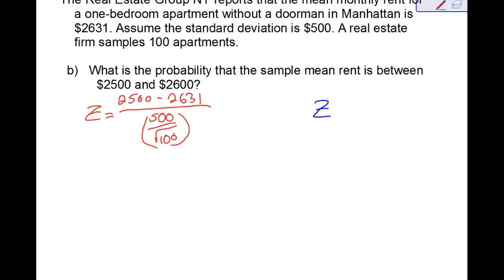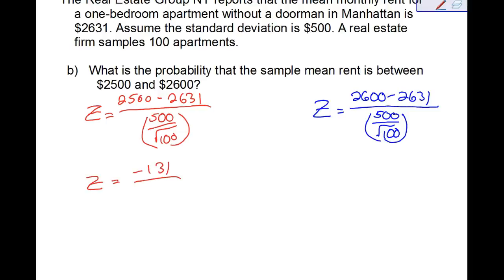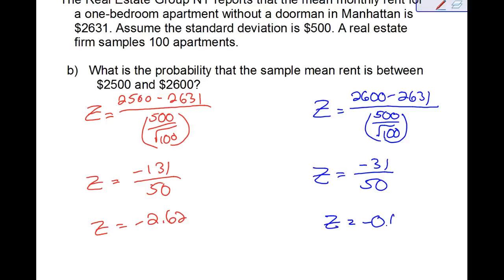I'm also going to find the z-score for 2600, minus 2631 over 500 divided by the square root of 100. So I get z equal to negative 131 divided by 50, and over here z equal to negative 31 over 50. So z is equal to negative 2.62 and z is equal to negative 0.62.